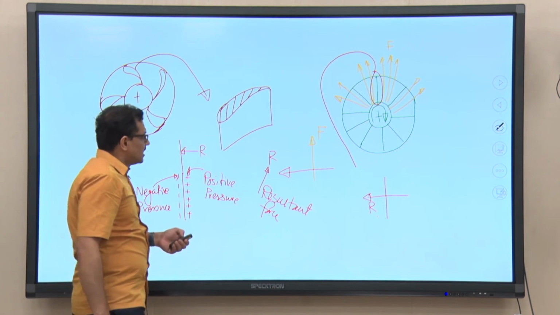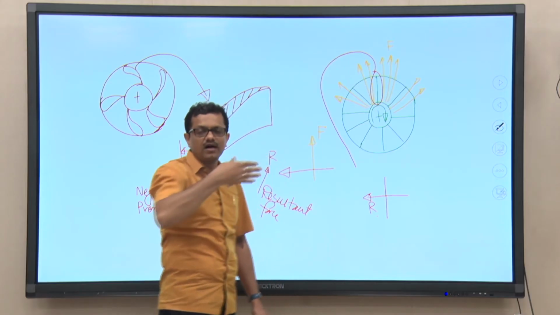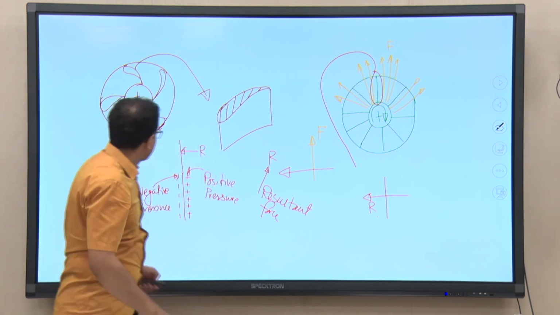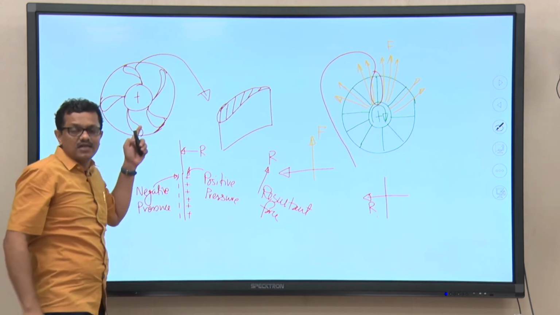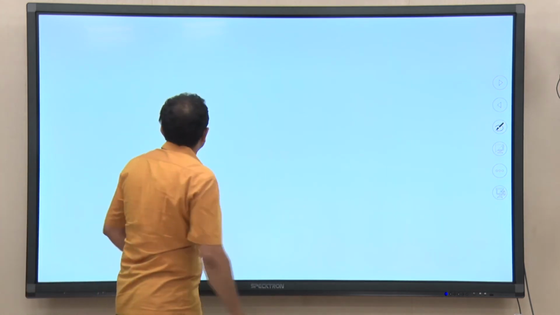Now the question is, instead of a very simple straight blade, which I took only to keep the analysis simple, if I take the actual shape of the blade, as in a radial flow pump impeller, the blade shape will be like this, right.